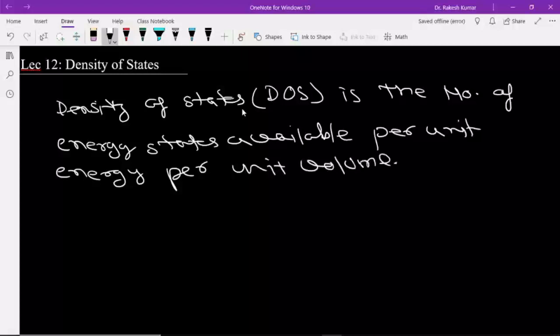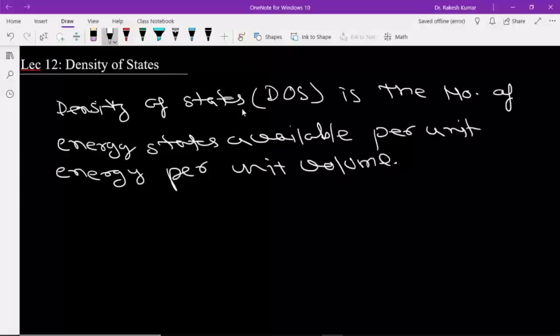So this is the definition of density of state, that is number of energy states available for electrons in a given band per unit energy and per unit volume.